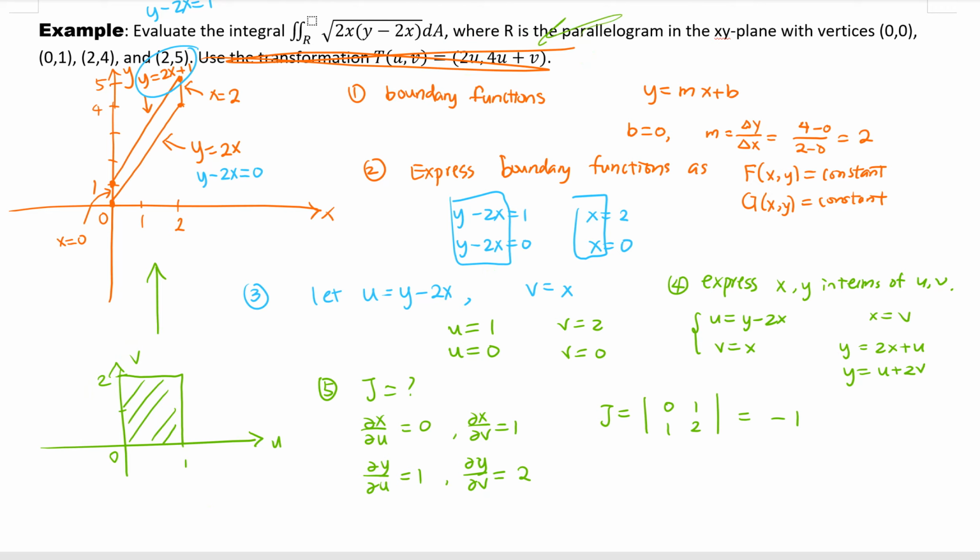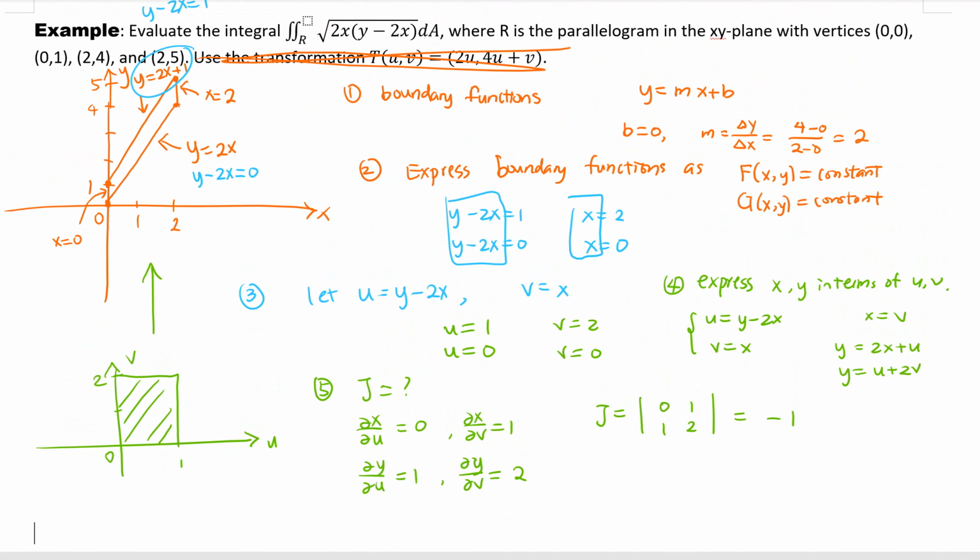Under the transformation that the problem suggests, we will have a square on the uv plane, and they both start with 0 and end with 1. But it's okay, we can continue with our transformation. By the way, with a different transformation the Jacobian determinant might be different, but the answer at the end will be the same.